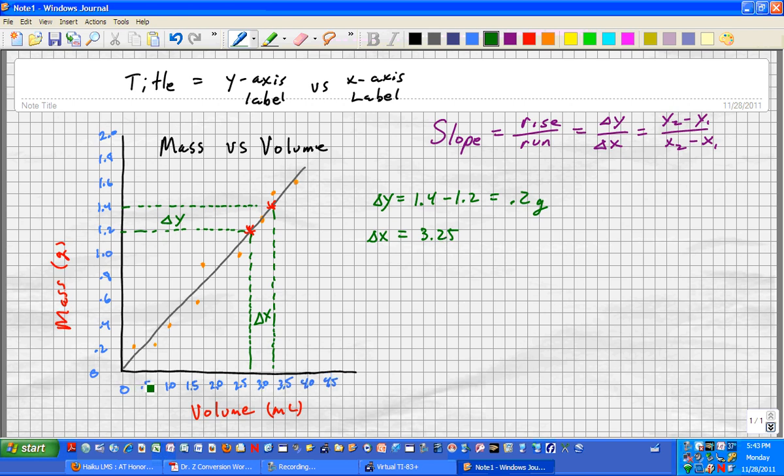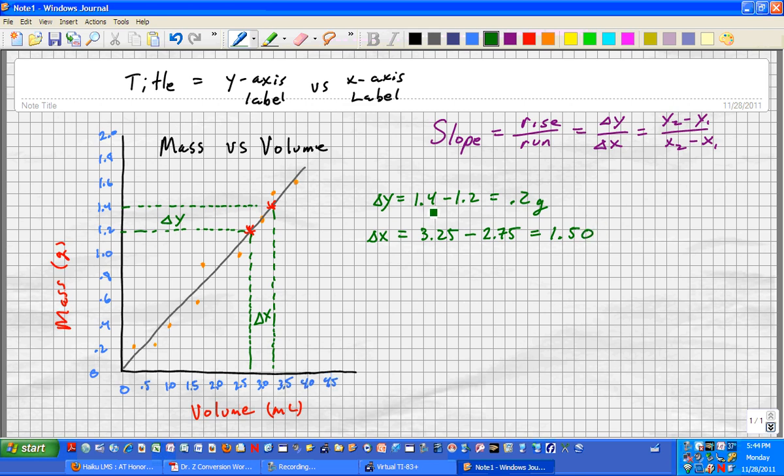Right? 0.25, 0.5, 0.75, 1.0, 1.25. Yeah, that's right. Minus, is it 2.75? Which is going to be equal to 1.50.